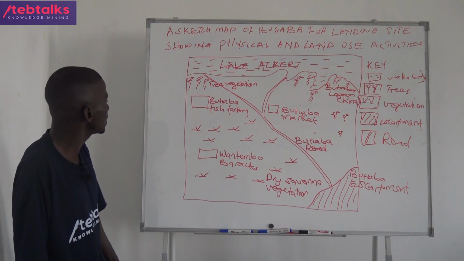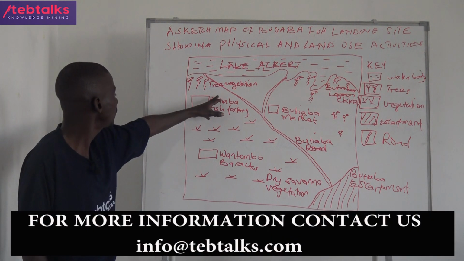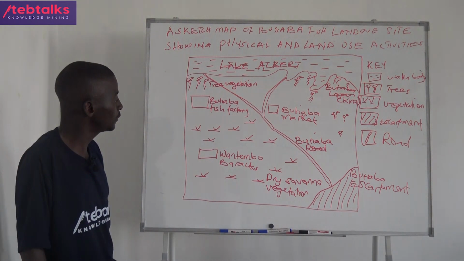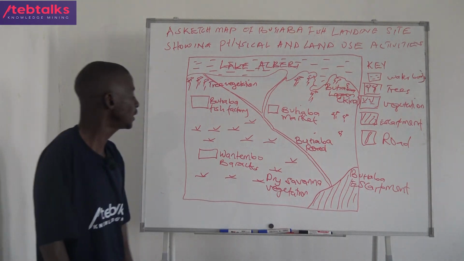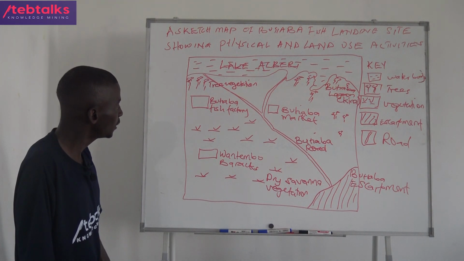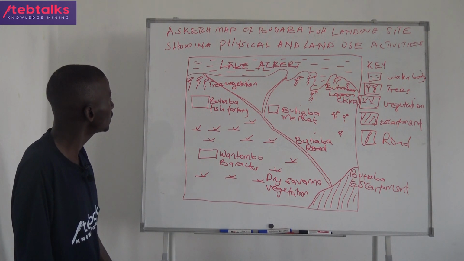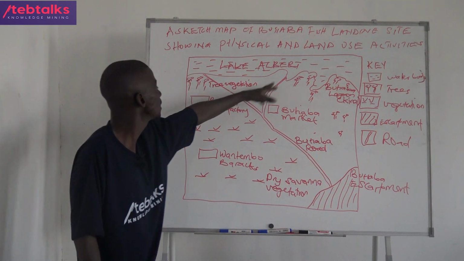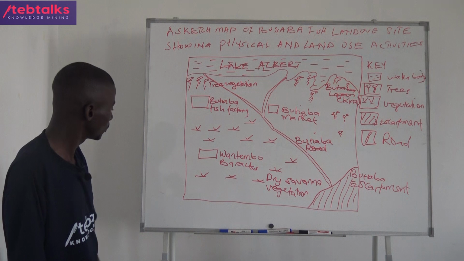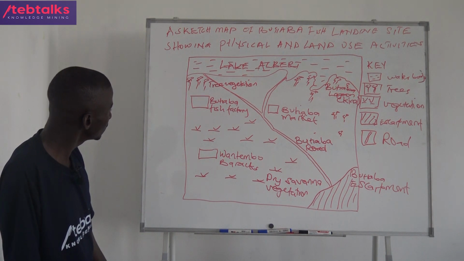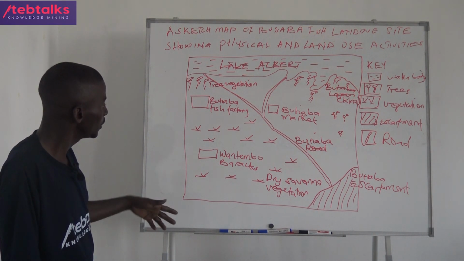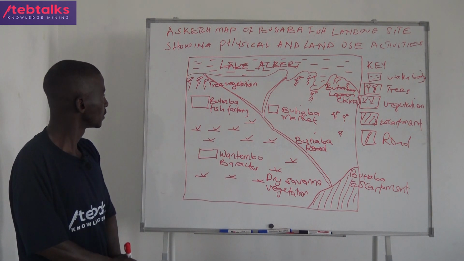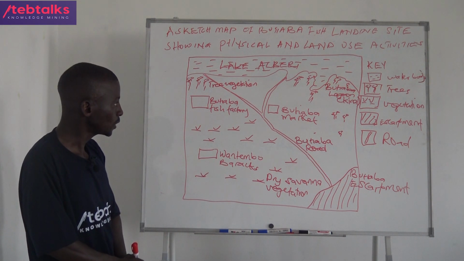My land use activities are what? Fish factory is a land use activity. The Butiaba market is a land use activity. Butiaba road is a land use activity. Actually, you can also include the extent of the landing site around there. We can include what else? There is a school, there are other things, but for now, that becomes our sketch map.